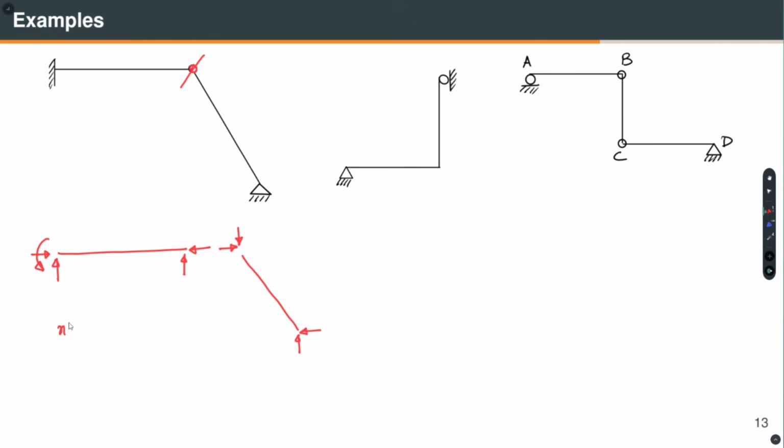So, R is equal to 3 plus 2, 5, plus 2, 7. Okay. How many free bodies do we have? 2. So, that means R is equal to 7, which is greater than 3n is equal to 6. So, this is statically indeterminate to the first degree.